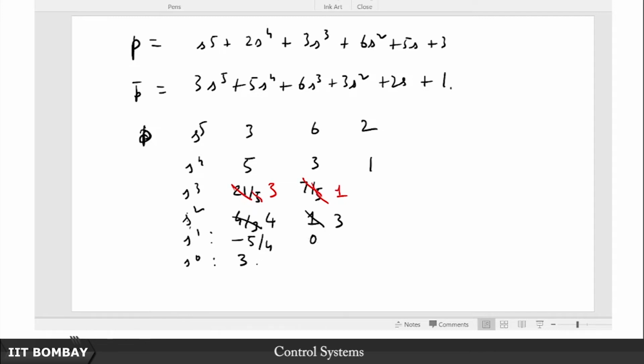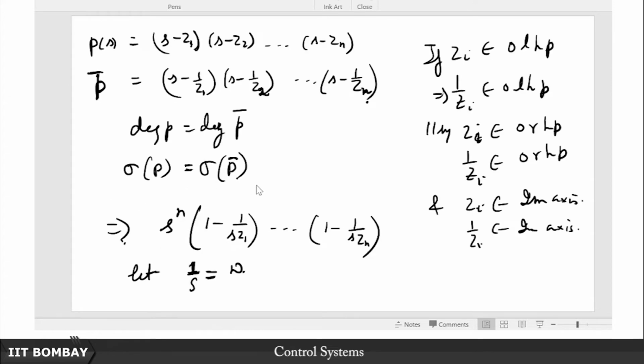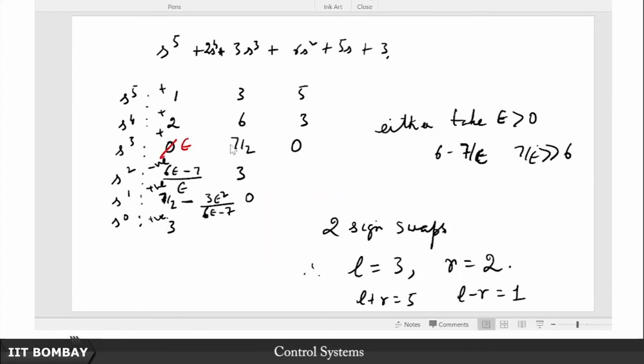Now look at this reverse polynomial's number of sign swaps. Positive, positive, no swap, no swap, no swap, one swap and another swap. So there are 2 swaps, exactly what we deduced from the analysis of all of this epsilon and the stuff that we did here.